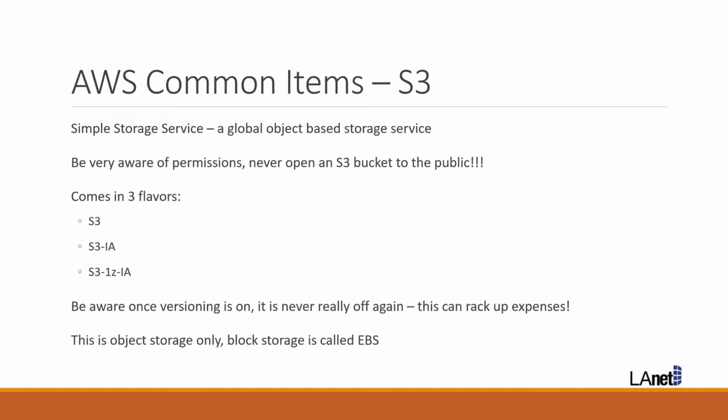One other quick thing is you can turn on versioning. You can even do cross-region versioning in S3, but be very careful when you turn on versioning in S3, because there's no way to really turn it off again. You can kind of suspend it, but you can't turn it off. If you have items that are very large and updated very frequently, you almost never want to turn on versioning.